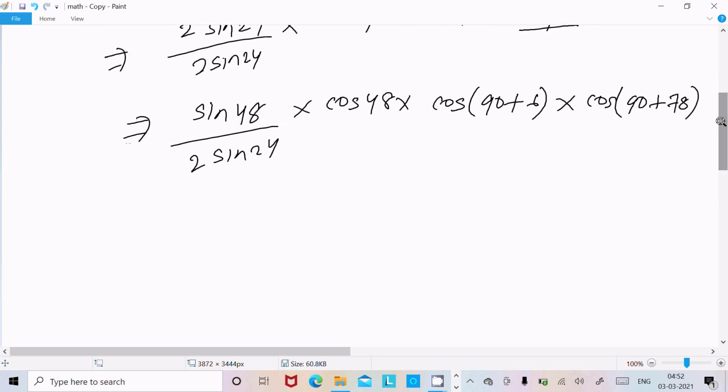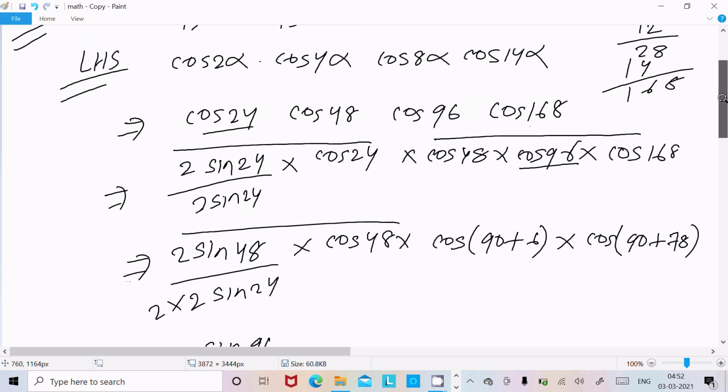Now again we multiply 2 in the numerator and denominator. So 2 sin θ cos θ becomes sin 2θ. So here sin 96, 2 into 48 becomes 96.